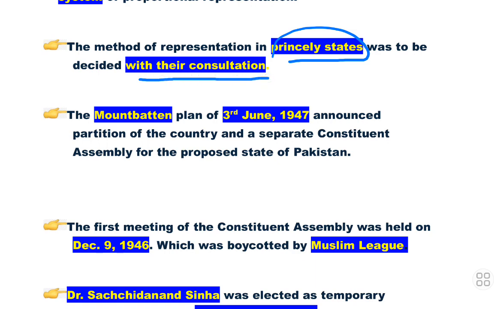The Mountbatten Plan of 3rd June 1947 announced partition of the country and a separate constituent assembly for the proposed state of Pakistan. The first meeting of the Constituent Assembly was held on December 9, 1946, which was boycotted by the Muslim League.